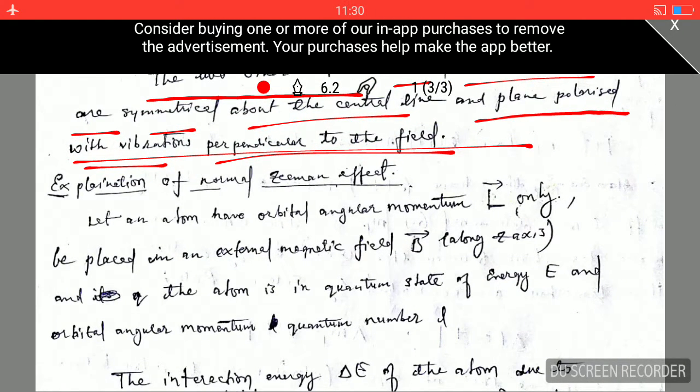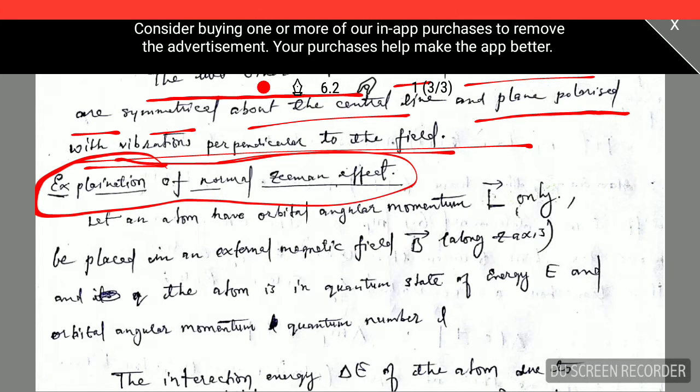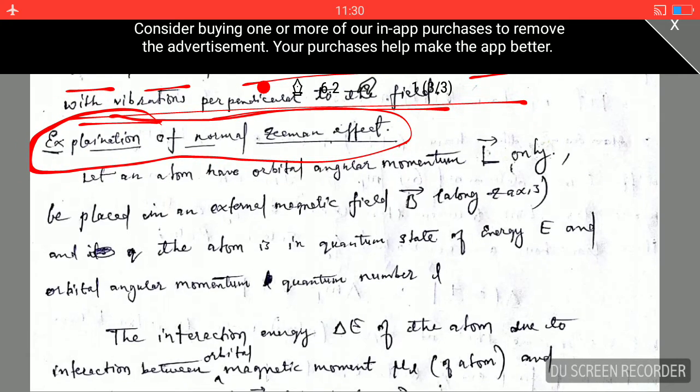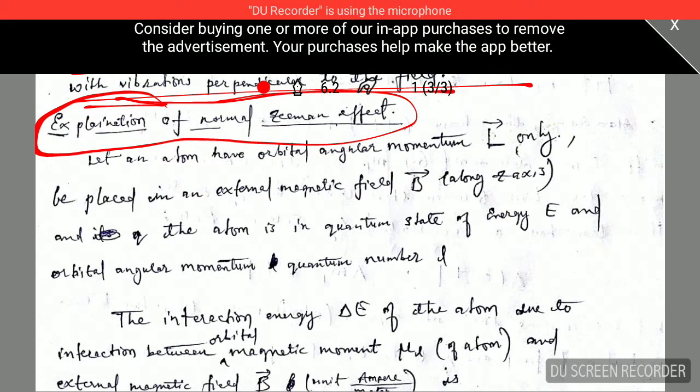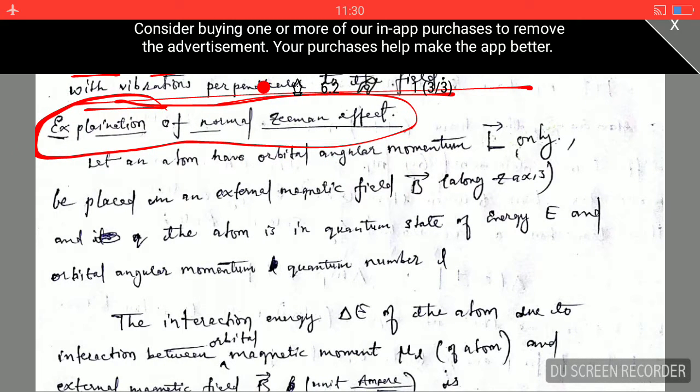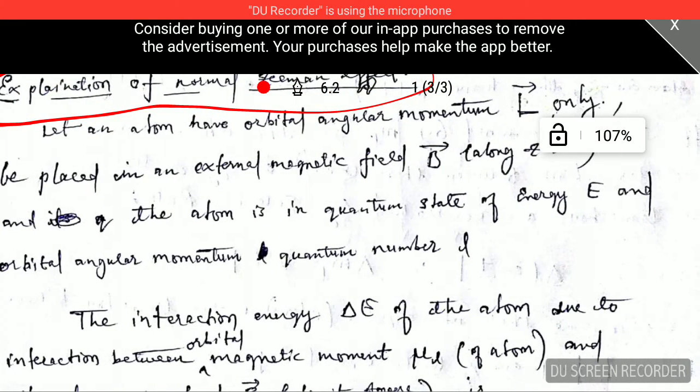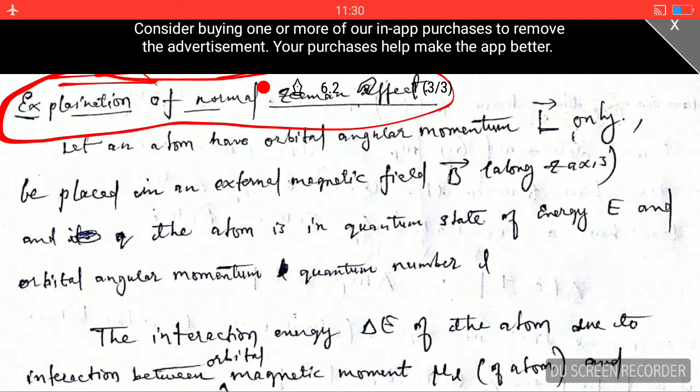Now let's see the mathematical explanation of the normal Zeeman effect. To understand the normal Zeeman effect, we have to take some quantities. Consider an atom as the source of light.